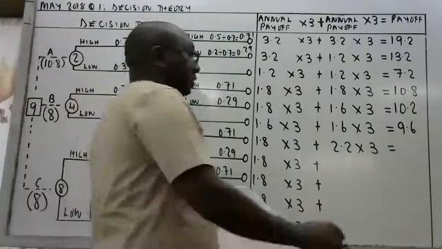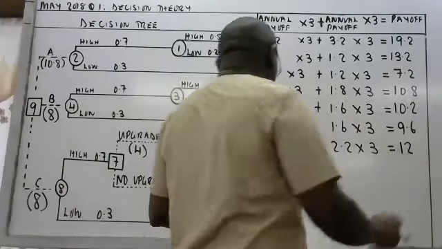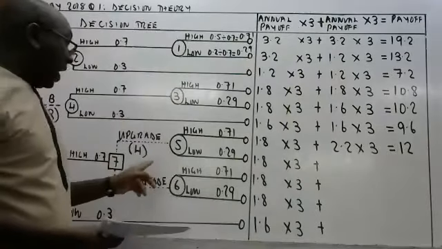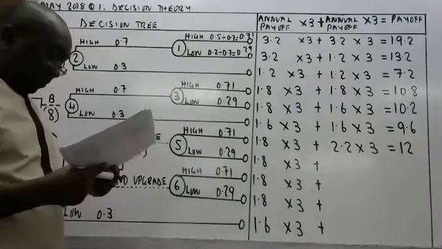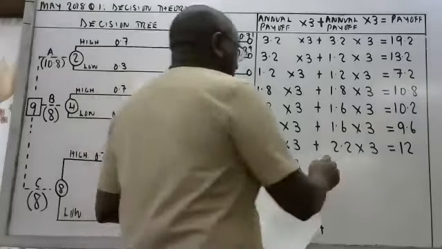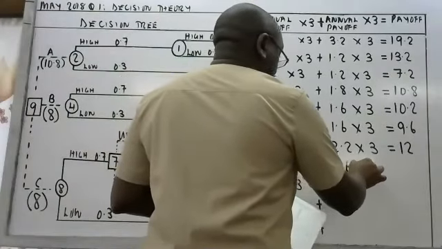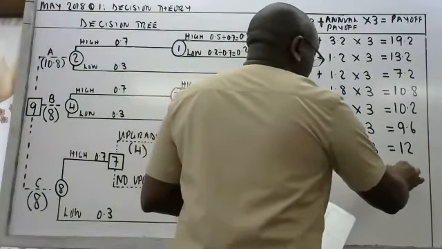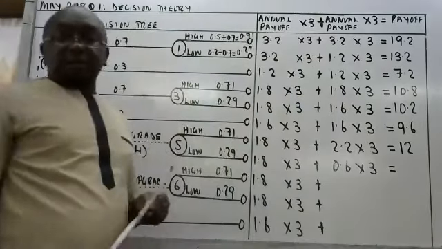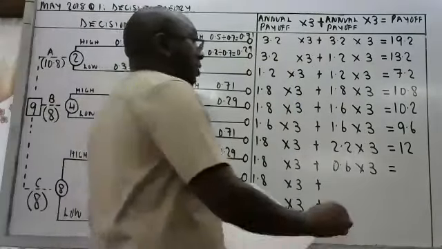It's 12. Good. If you have upgraded and it turns to be low, you will make 0.6 for 3 years. 7.2.